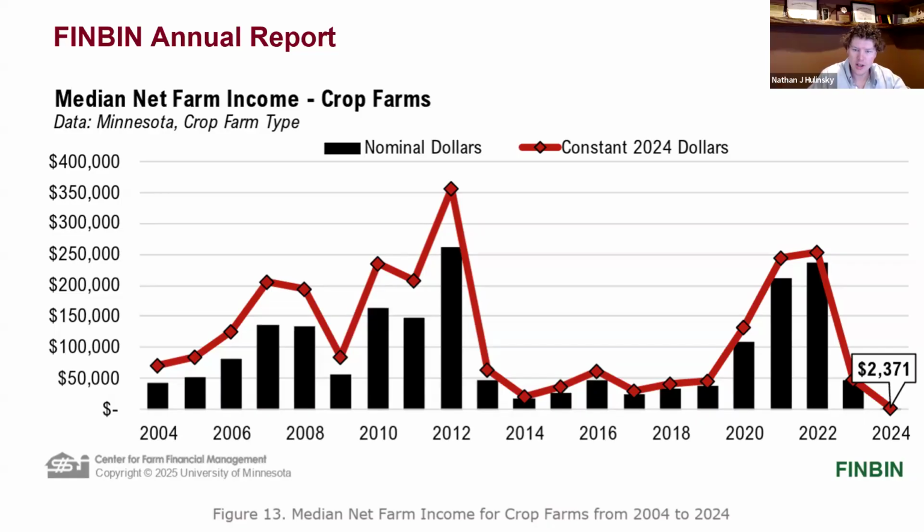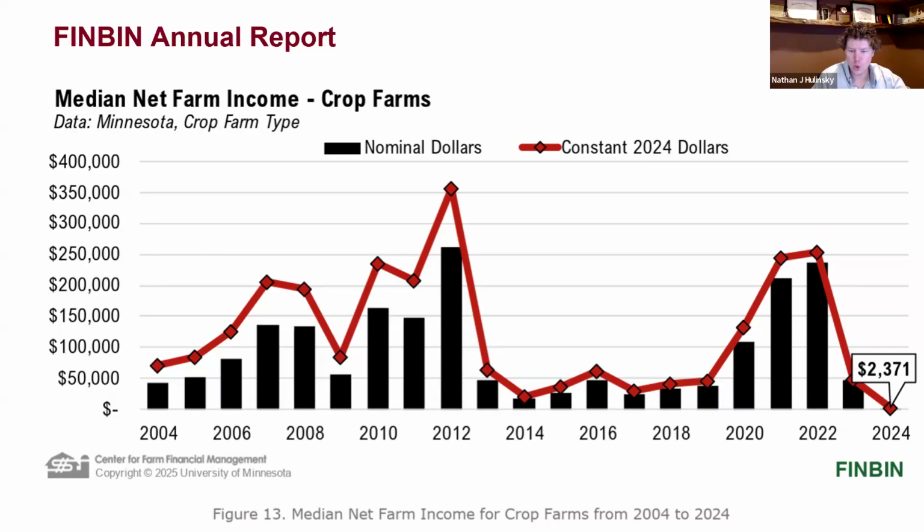Starting in 2020, farm incomes jumped again, and 21 and 22 really high incomes again on the farm. We can look at the table here, both 21 and 22 were around that $250,000 income. So again, really strong income.